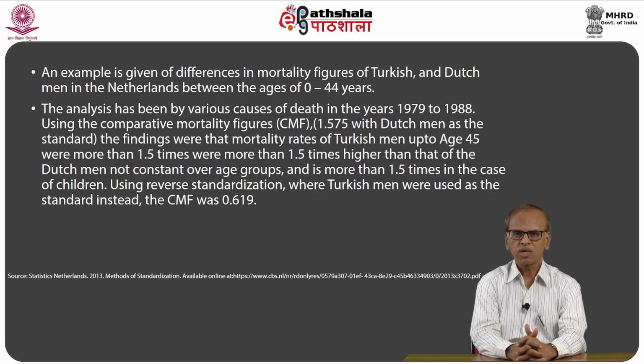Using the comparative mortality figure, CMF, of 1.575 with Dutchmen as the standard, the finding was that the mortality rate of Turkish men up to age 45 was more than 1.5 times higher than that of the Dutchmen, not constant over age group, and is more than 1.5 times in the case of children.